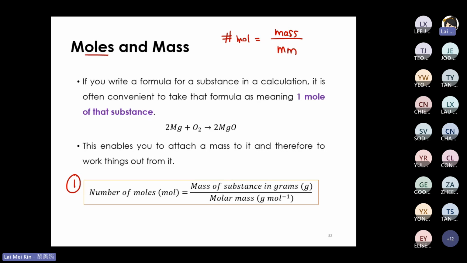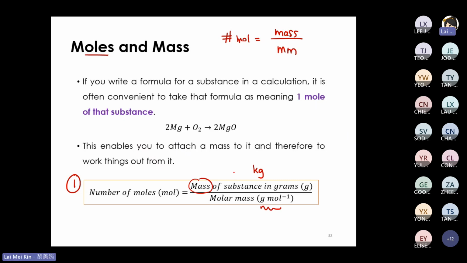Okay, the mass that you have must be in what unit? Why must it always be in gram? Very good. Molar mass is gram per mole. That's why you don't blindly memorize formula, because if you blindly memorize formula and the question gives you kilogram, you will just use kilogram.